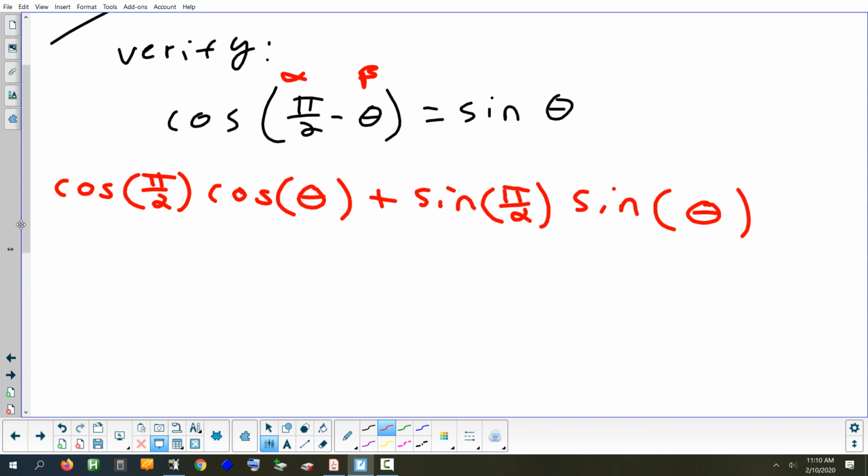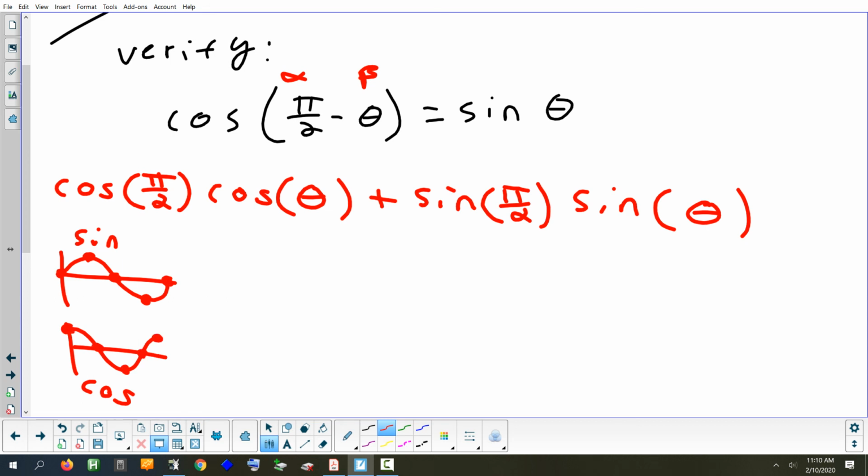Now, because these are sines and cosines of 90, we shouldn't even have to plug it in. Just think of the picture in your head. That's the graph of sine. Here's the graph of cosine. And the quarter points here, here, there, and like this.